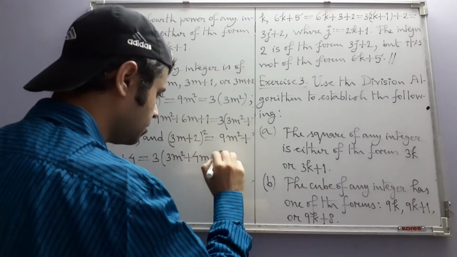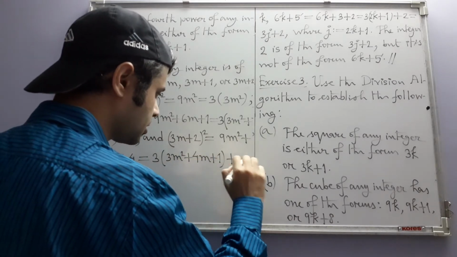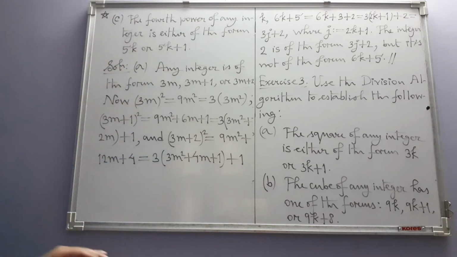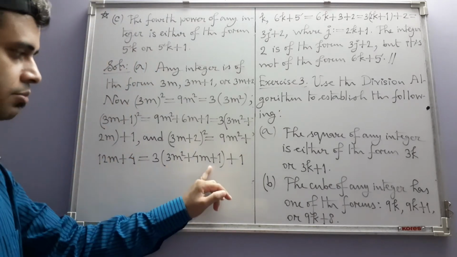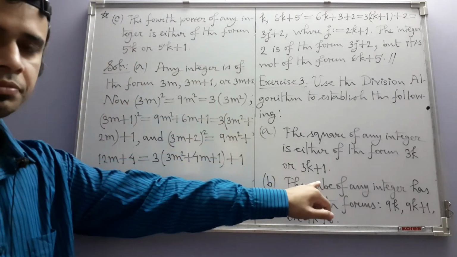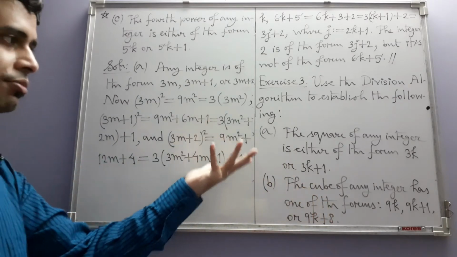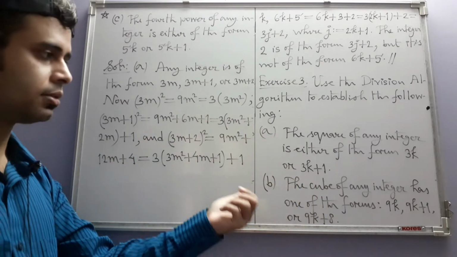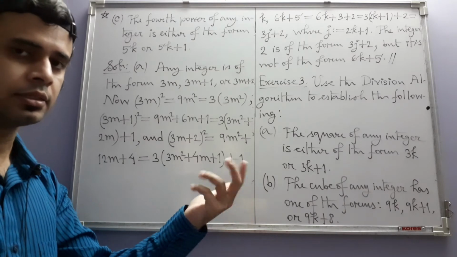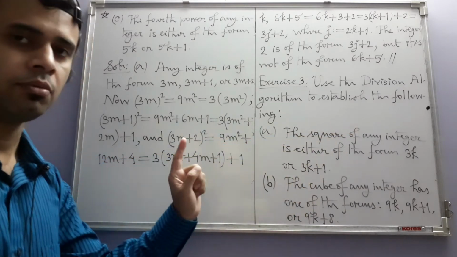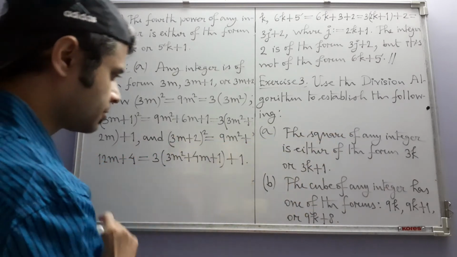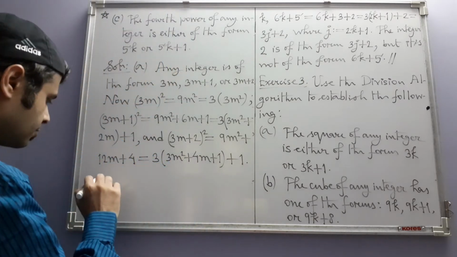Because of that 3, we will have 1, and outside we will have plus 1. So again, it's of the form 3 times some integer plus 1. So when you divide a square by 3, the remainder left is either 0 or 1. Okay, so this is part A.